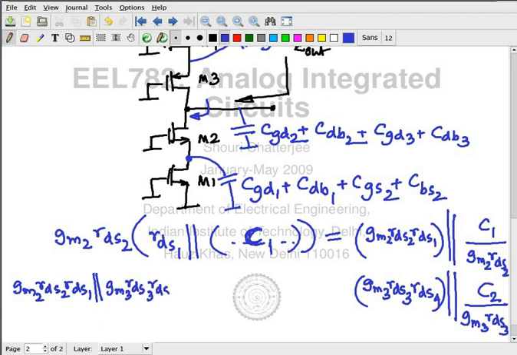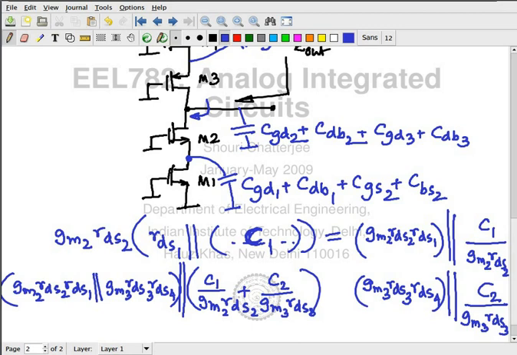This is my resistance quantity in parallel with two capacitors, which add up.